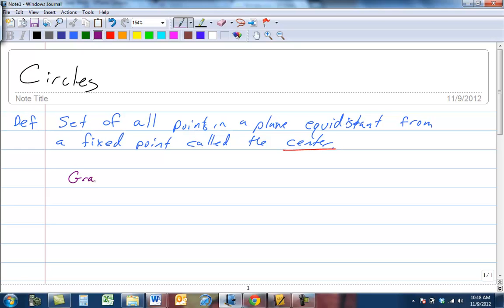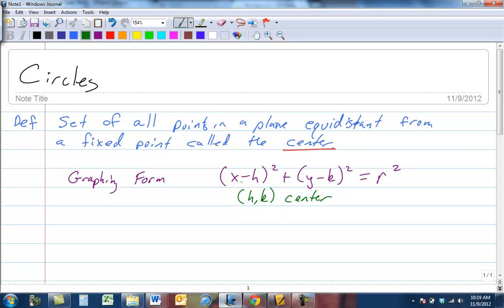Now, the graphing form for a circle is (x minus h) quantity squared plus (y minus k) quantity squared equals r squared, where the point (h, k) is the center, and since it's x minus h and y minus k, each one is the opposite of what you think, both h and k in this case. And r, you can probably guess, is the radius.